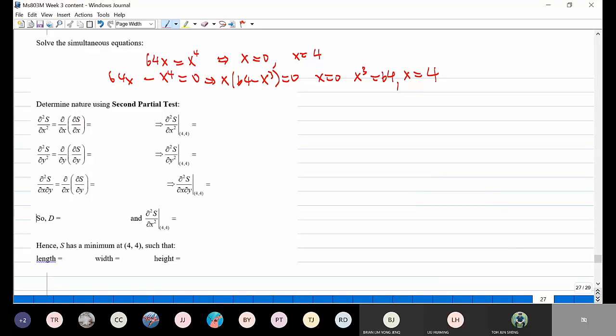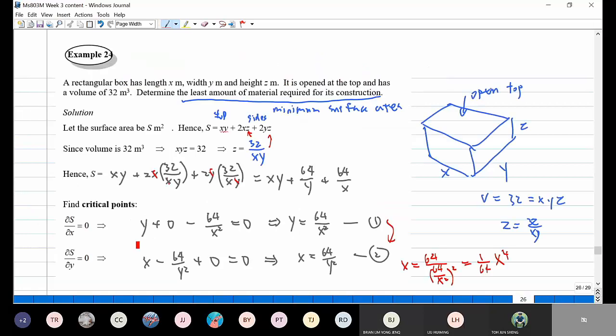Okay, so I found this already. Then you differentiate S another time. You make use of the derivative with respect to x, another time.